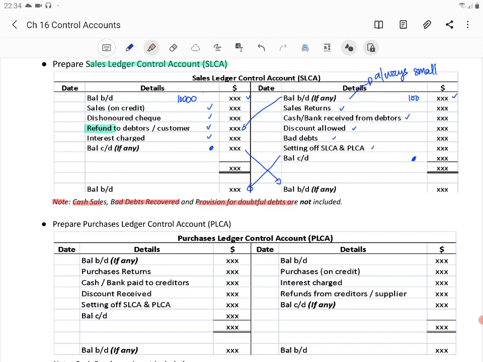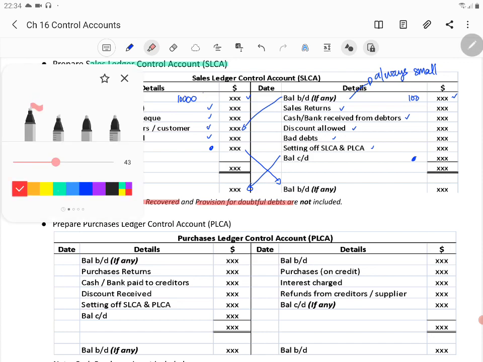And provision for doubtful debts is not affecting TR, because it's just an estimation. It is not yet becoming bad debts. So students' common mistake is usually putting provision and cash sales inside the SLCA. So pay attention to that. Be careful.